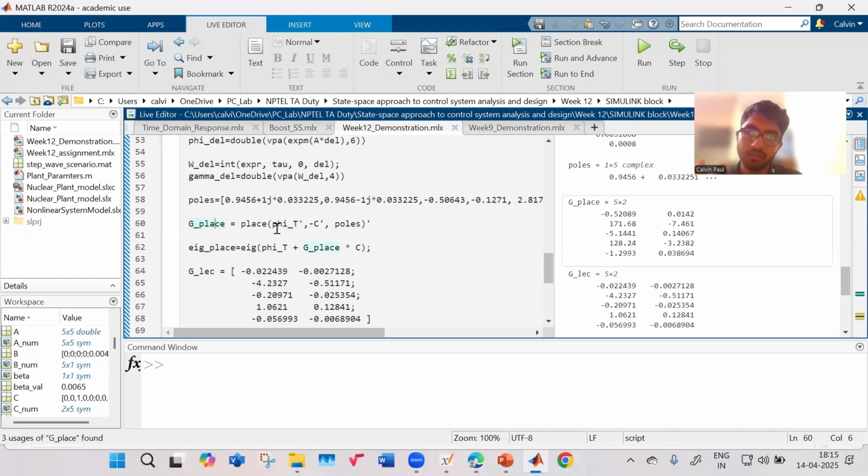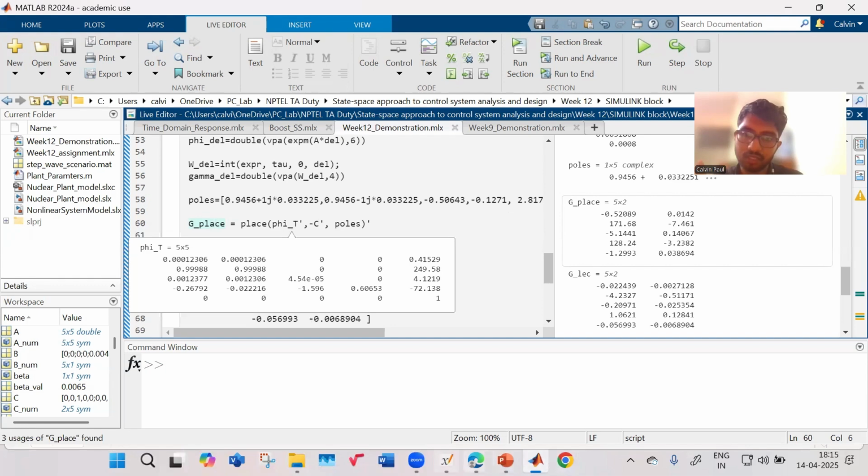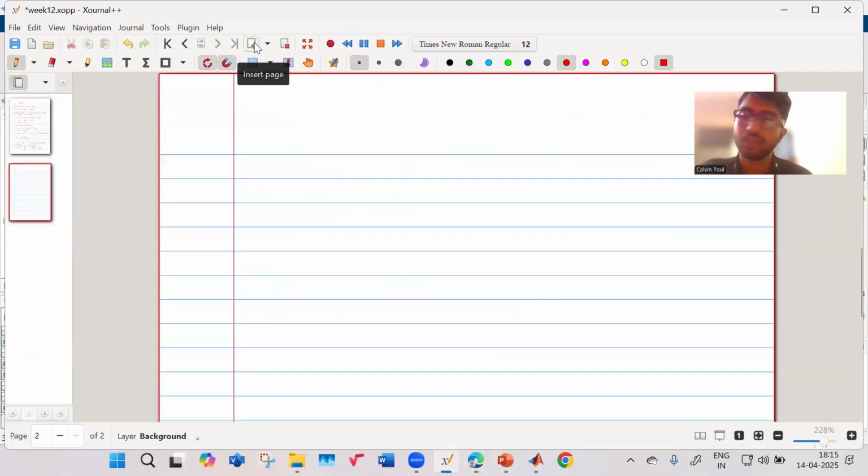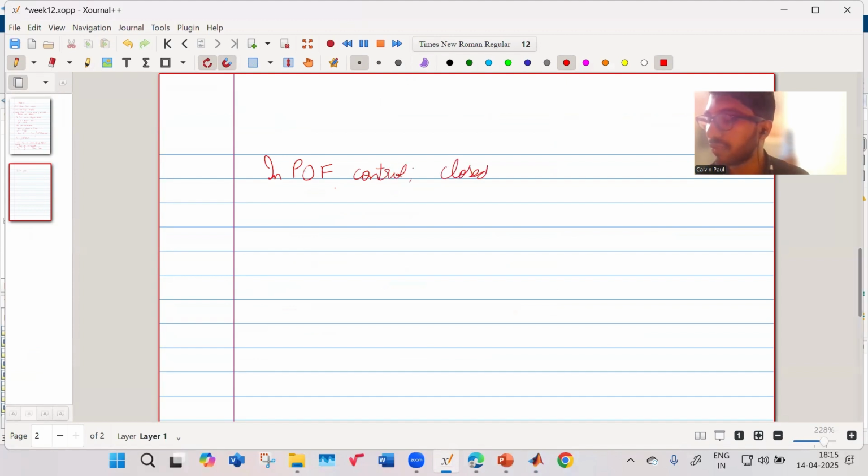The criterion here is that the closed loop eigenvalues are placed using phi t plus G into C. This is where we want to place the poles.